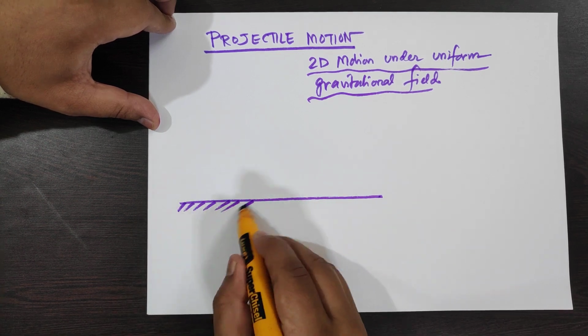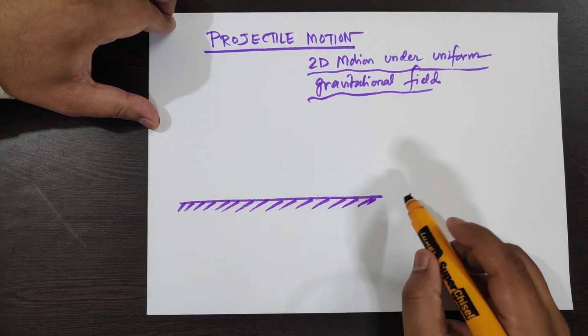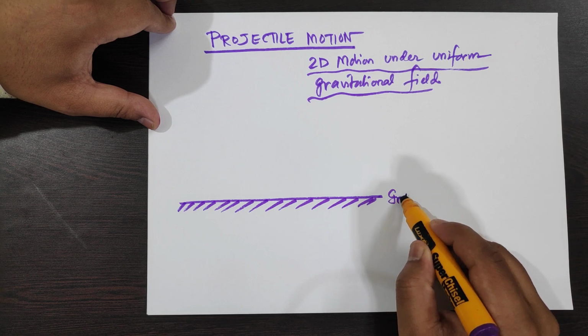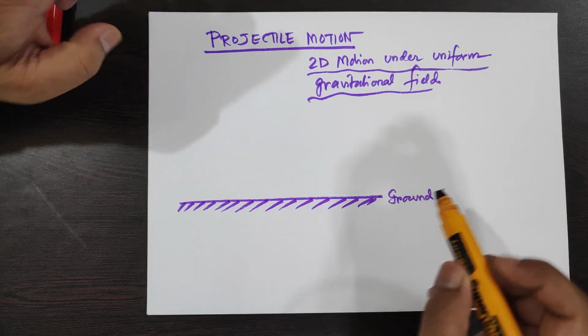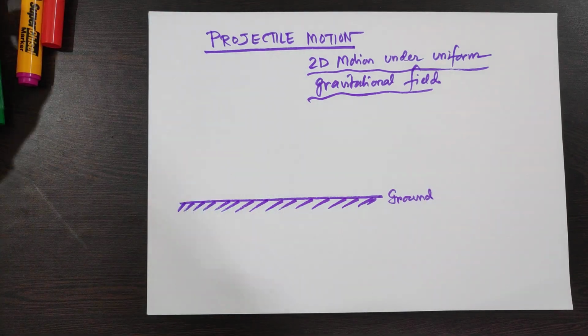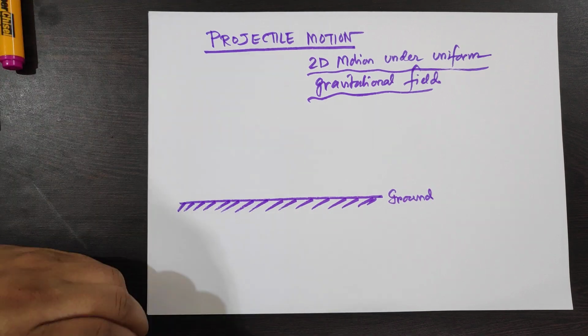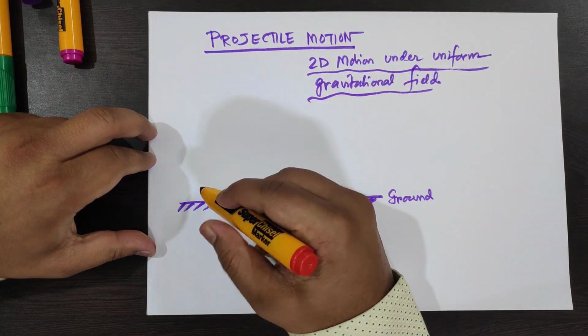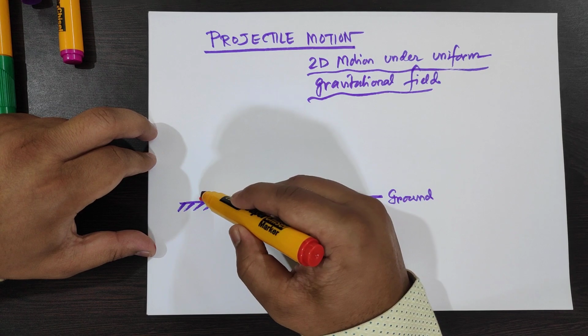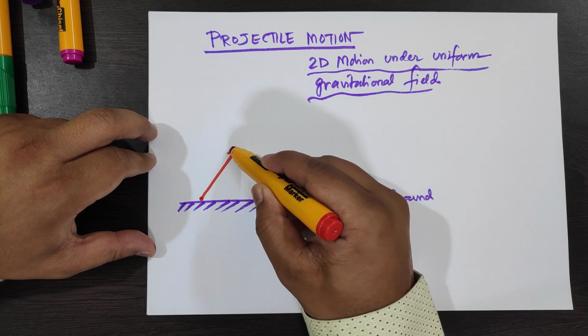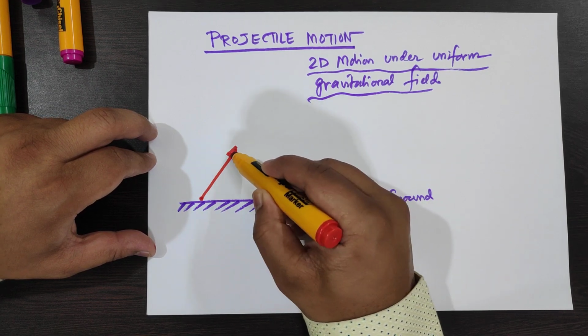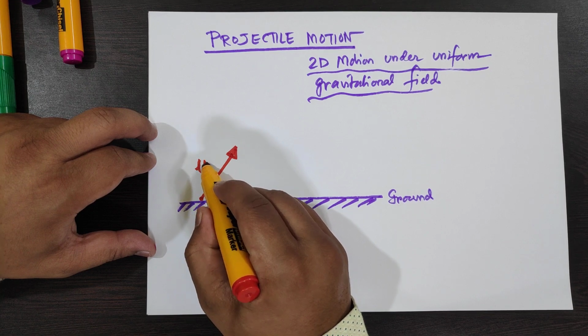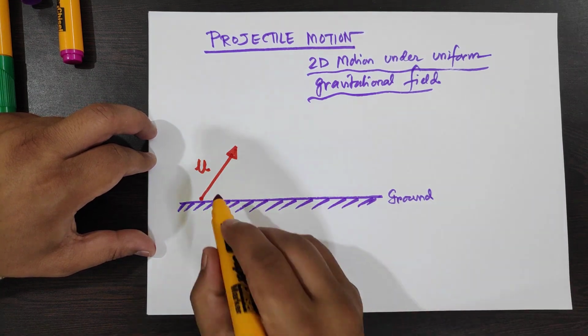Say this is the ground, and a particle is thrown here. Say a boy or a girl throws a ball or a stone, or you kick a football.